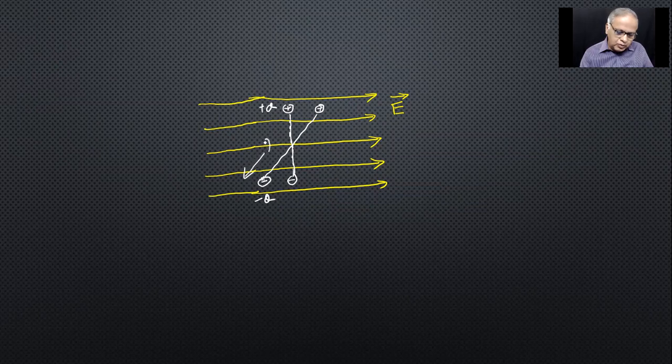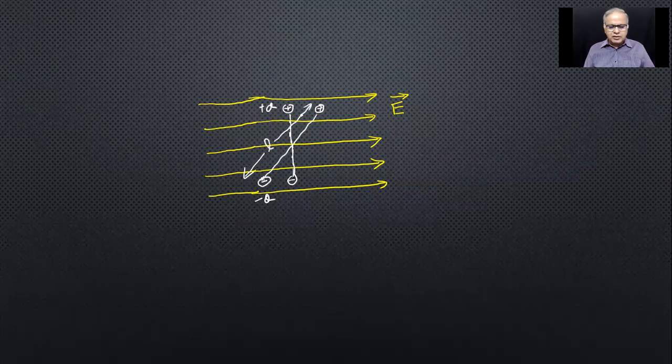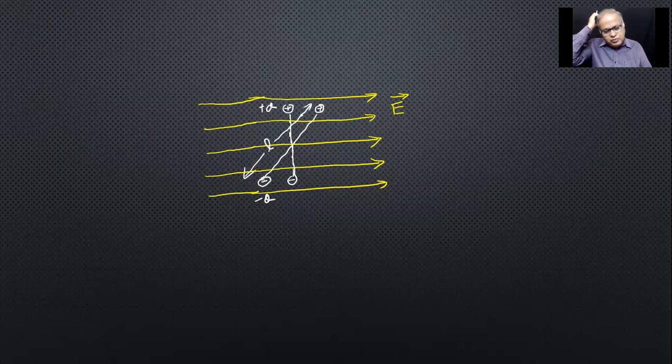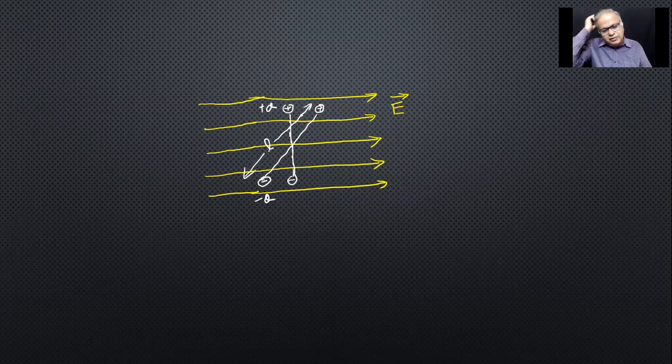People might take even 2L. Here, of course, it is not necessary. We can take L somewhere else later when you find out the electric field strength. We'll take the distance between the charges to be 2L because we'll get half the length in the formula. So instead of writing L by 2 there, we'll write L. But there's nothing like 2L to be the distance.